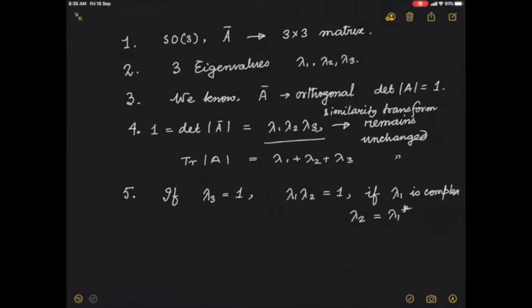Because the multiplication is real, it is plus 1. If lambda 1 is complex, then lambda 2, if it is not its complex conjugate, then their multiplication cannot be real. And if lambda 1 lambda 2 is not real, then lambda 1 lambda 2 lambda 3 cannot be real either.